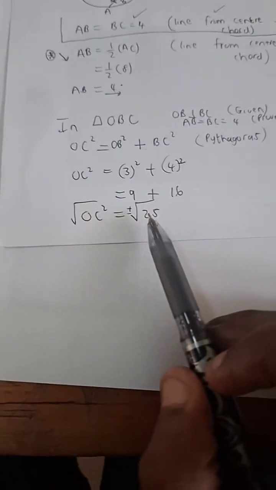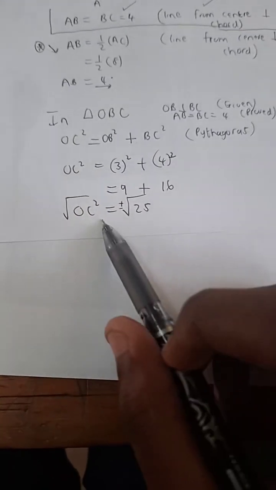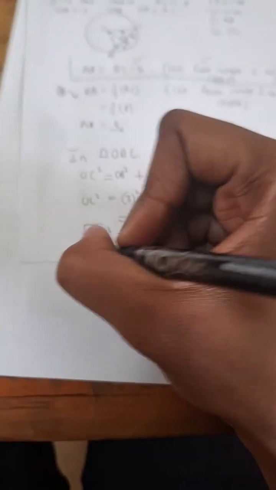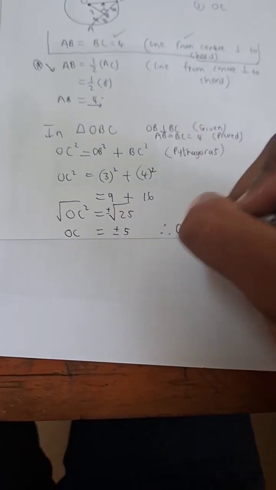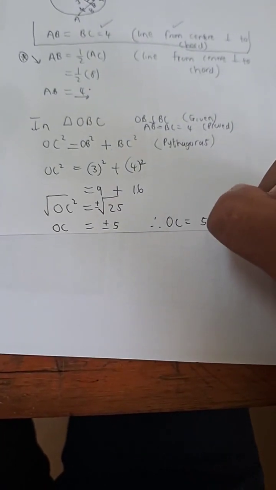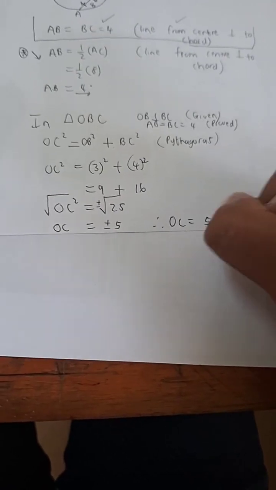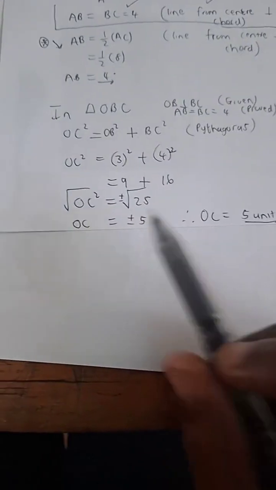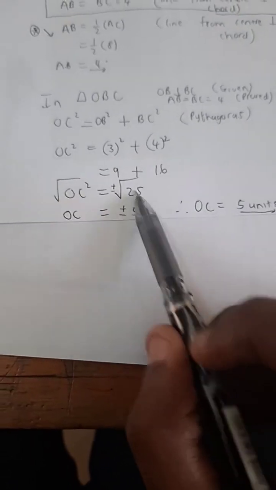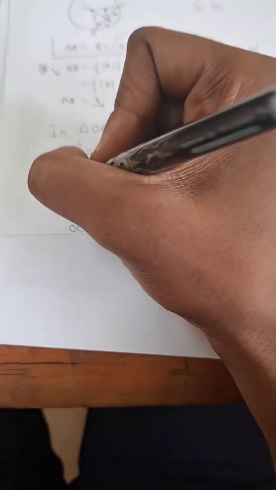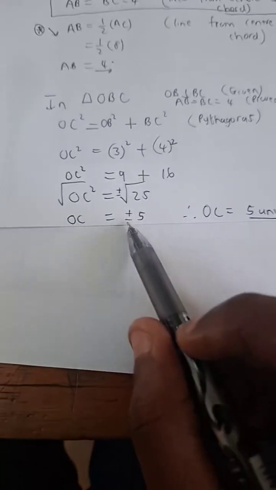But we know that the length of anything can't be negative. So even though OC is plus minus 5, we can conclude that OC is equal to 5 units. And as per rule, guys, whenever you take the square root on both sides in an equation, you must ensure that you put that plus minus.